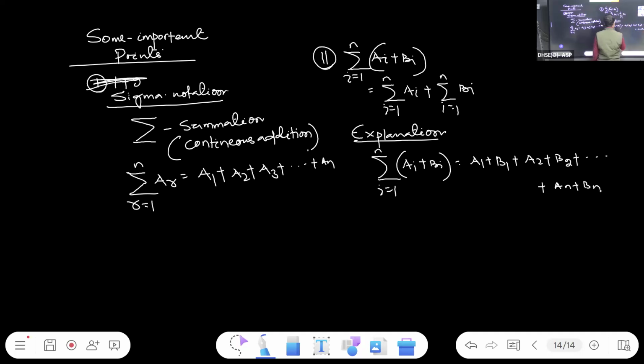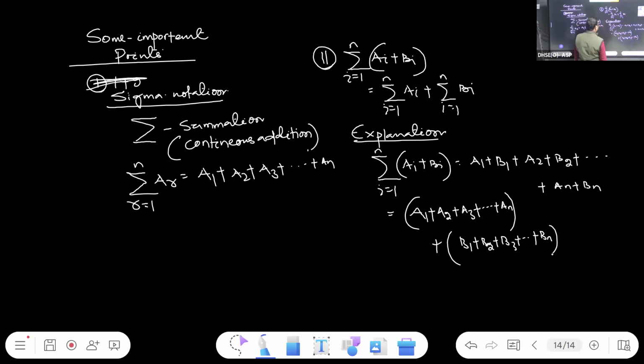You can rearrange the terms, like all the a terms will be taken together: a1 plus a2 plus a3 plus up to an, plus b1 plus b2 plus b3 plus up to bn.